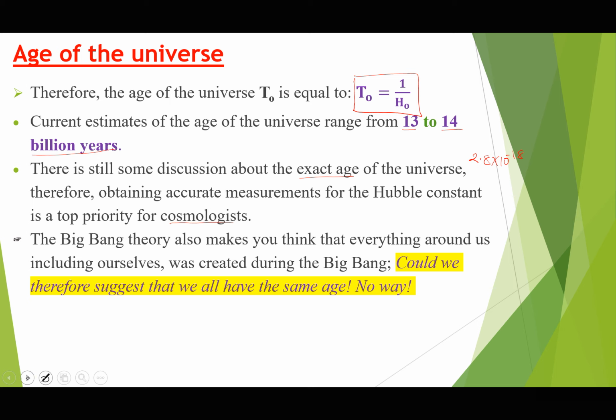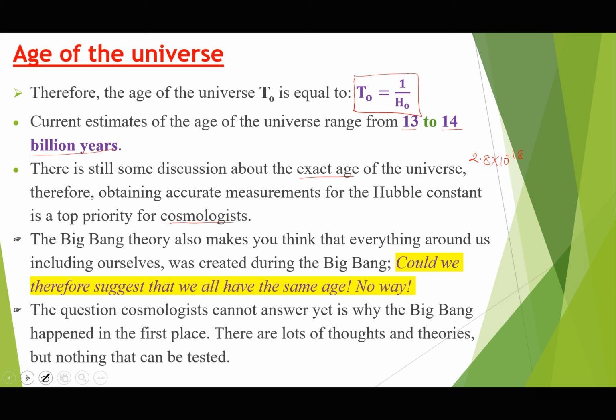The question cosmologists cannot even answer is why the Big Bang happened in the first place. There are lots of thoughts and theories, but nothing that can be tested. We can't test anything to prove that the Big Bang is really final and cannot be disputed.